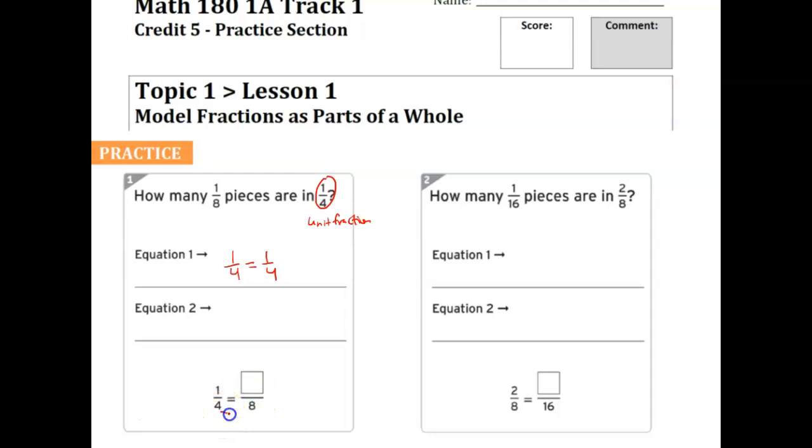So 4 times what number would get you 8? Would it be 4 times 1, 4 times 2, or 4 times 3? 4 times 2, right? So I could do 1 times 2, and what will 1 times 2 be?